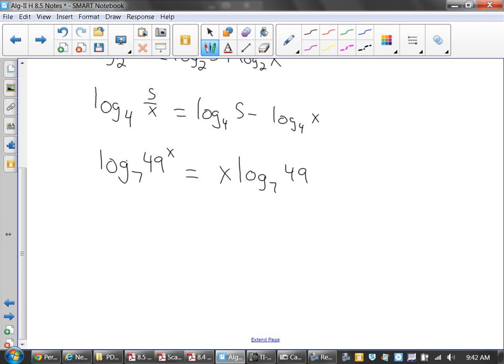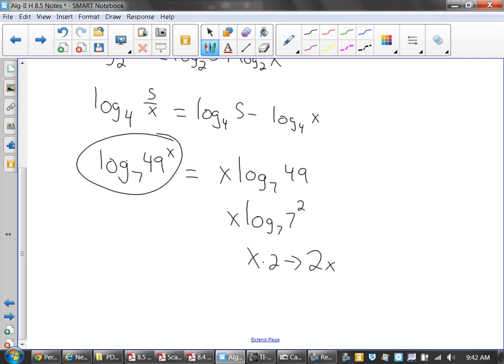It's 7 squared. So this lets you do log base 7 of 7 squared, which drops that down. You get x times 2, otherwise known as 2x. We've done this simplification a little differently in the past. It's just another way of using that property.